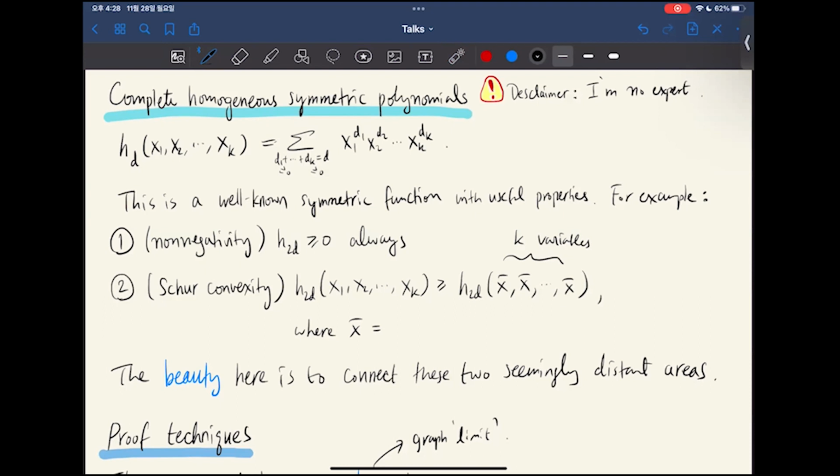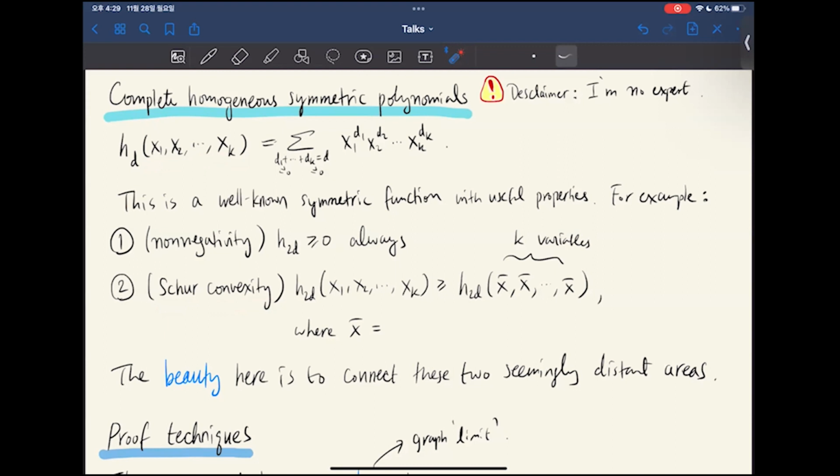This is a very well-known symmetric function with useful properties. For example, it is non-negative: when the homogeneous degree is even, the whole function is non-negative on the entire domain of R^k. So this is non-negativity, which is useful. The second property is Schur convexity.